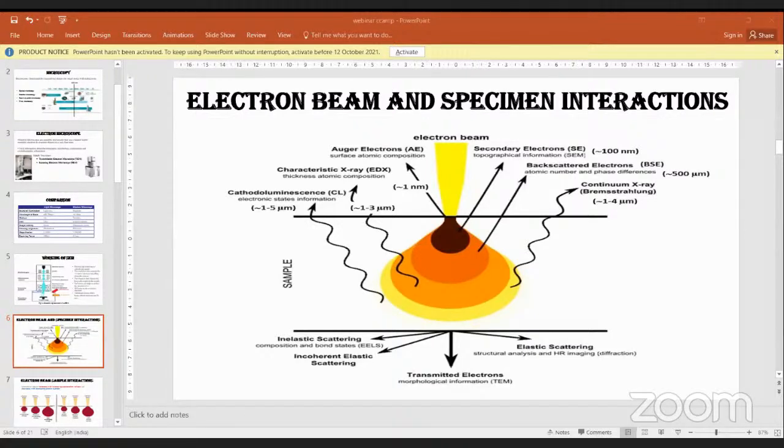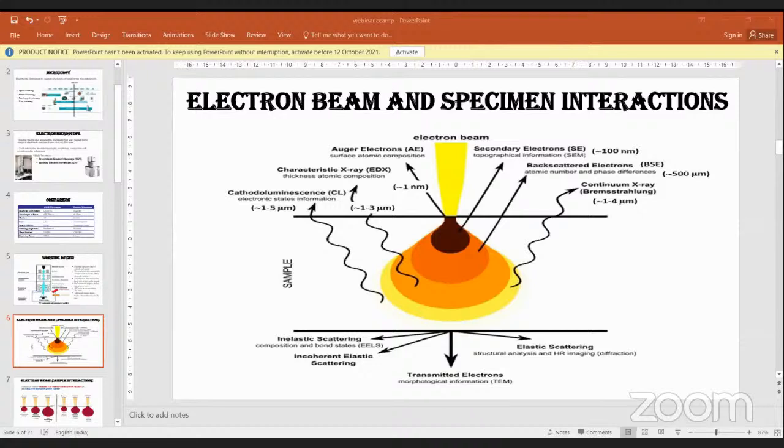Then we have different types of detectors: backscattered electrons, secondary electrons, and others. Different types of detectors are there depending upon the requirement of our imaging. So this is the basic flowchart of scanning electron microscopy.